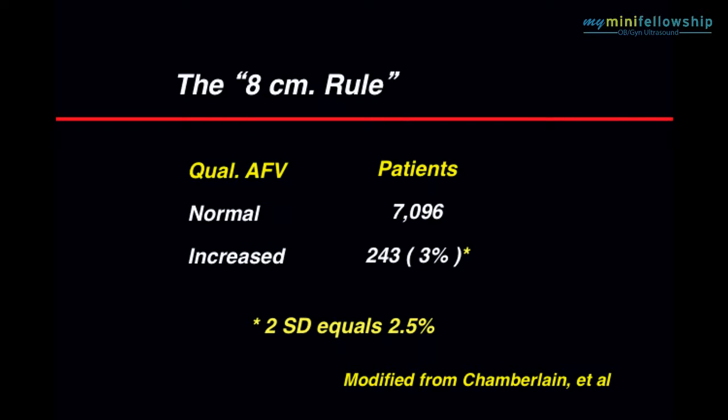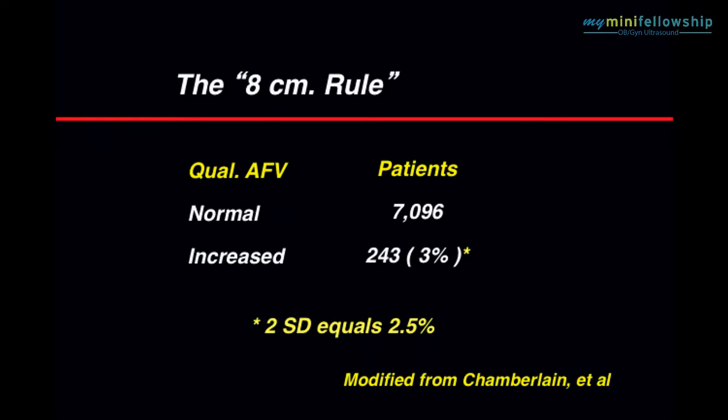Now, this was a rule that was originally described in a paper by Chamberlain and Manning. Now, Frank Manning is a very well-known maternal fetal medicine specialist and ultrasound specialist who worked this out, where he said you measure the deepest vertical pocket of fluid that you can identify, and if it's 8 centimeters or more, that constitutes polyhydramnios.